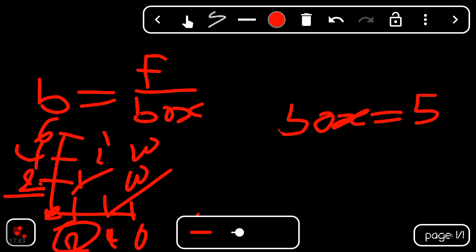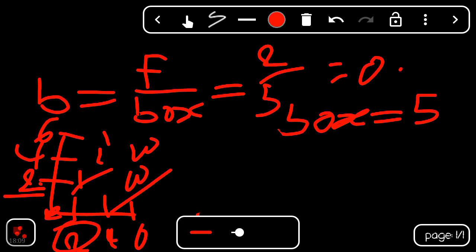Number of boxes inside a big box, right? So let's say the first number value is actually 2, so we get 2 divided by 5. 2 divided by 5 is about 0.4, so each of the boxes is 0.4, right?